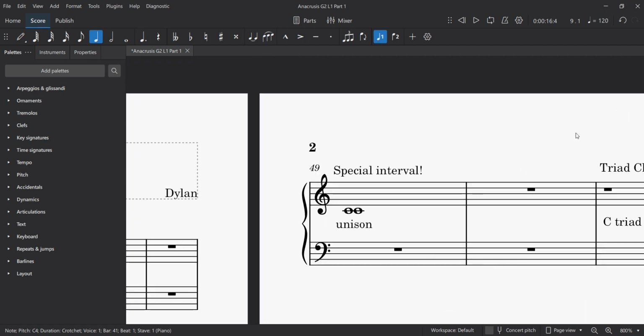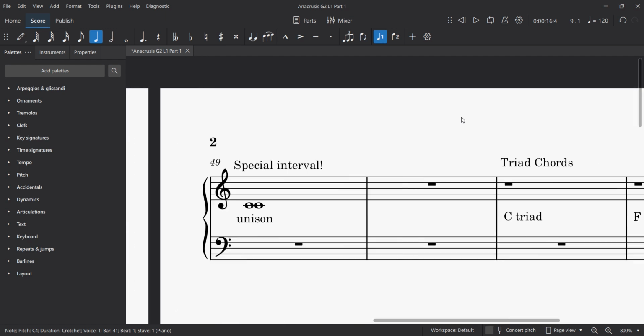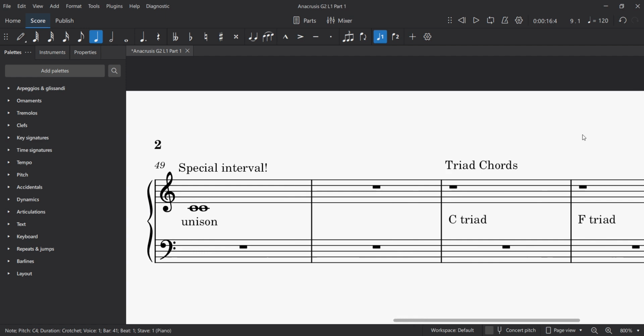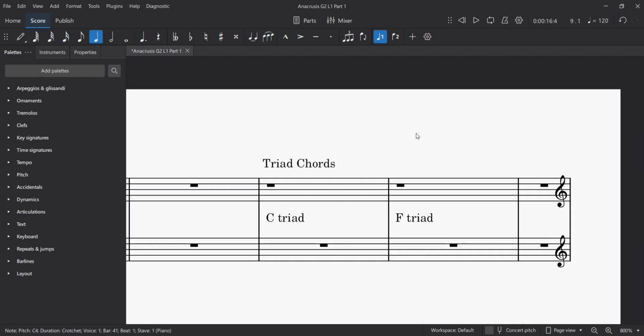Now that we know intervals, let's talk about chords. Chords are any set of pitches that are sounded simultaneously, and for grade 1, we mostly need to know about triad chords. Triad chords are built of 3 distinct notes, the bottom or the root note, and the root note's third and fifth above it. We refer to a chord as a tonic triad if the root note is the tonic of the scale.